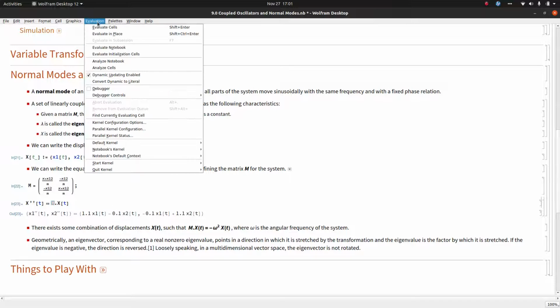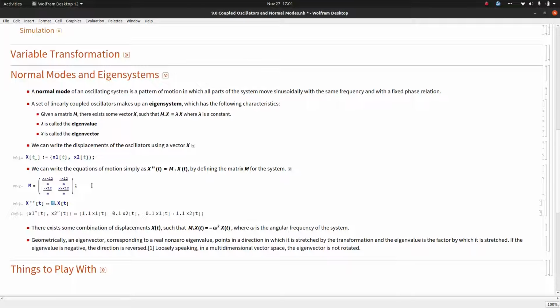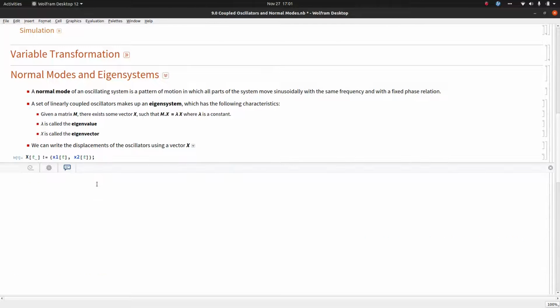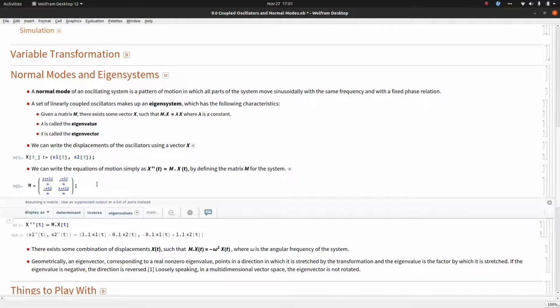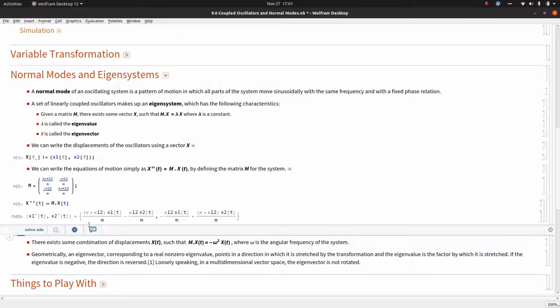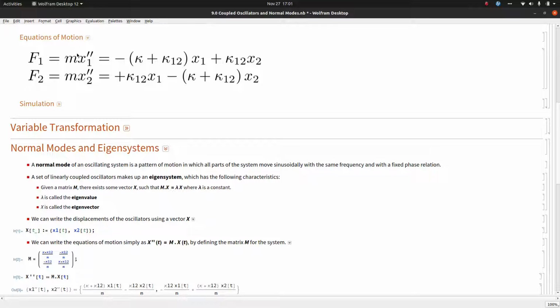And actually, I should quit my kernel because I want to do this in variables. So I'll run this one more time, and I'll run this, and we'll see what our result looks like. Now, looking at our equations of motion, you see mass times acceleration equals minus kappa plus kappa 1,2, x1 plus kappa 1,2, x2.